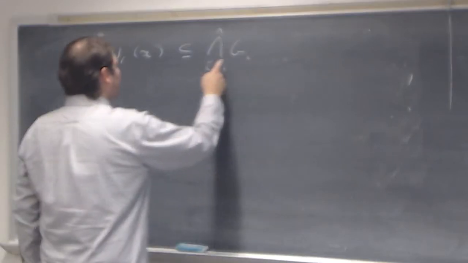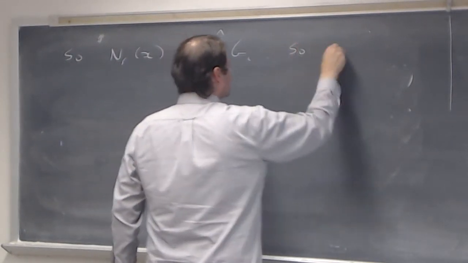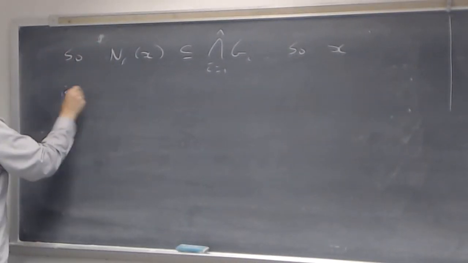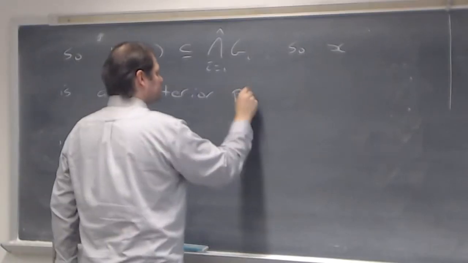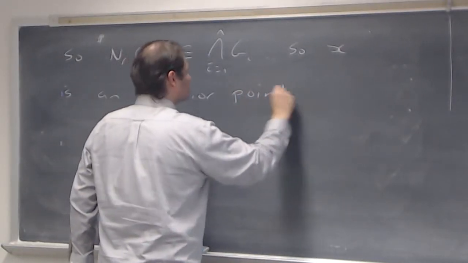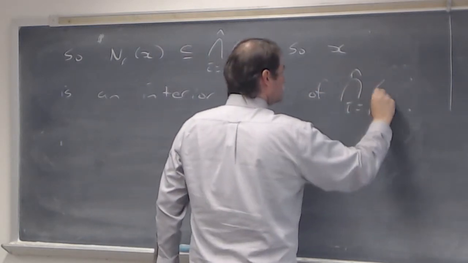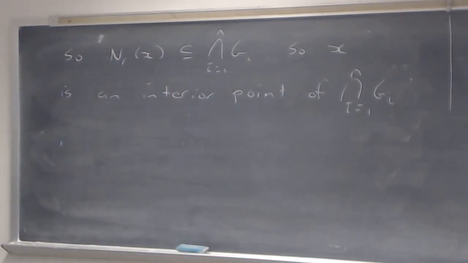So here we have shown that X is an interior point of this intersection, and X was an arbitrary element of that intersection.